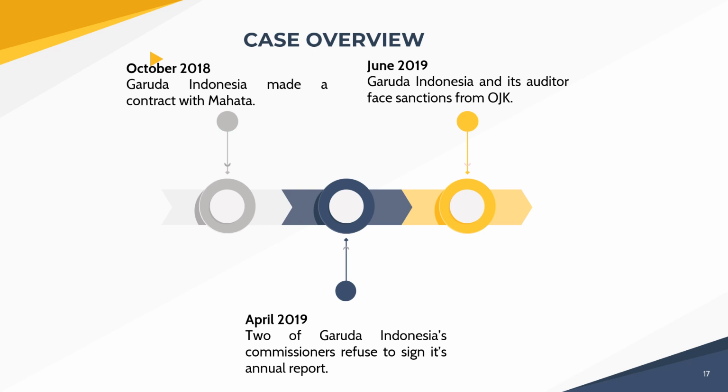In April 2019, two of Garuda Indonesia's commissioners refused to sign Garuda Indonesia's 2018 annual report because they thought it was not in accordance with the proper PSAK, which is PSAK 72. After a long investigation, on June 28, 2019, OJK finally established sanctions for Garuda Indonesia.